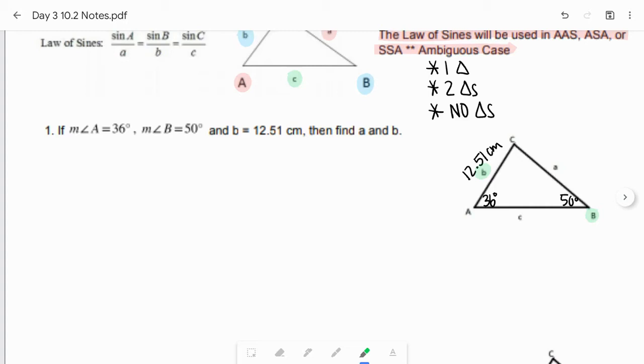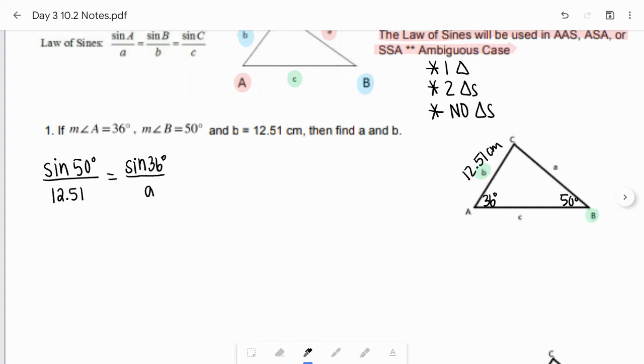Using our law of sines, we're always going to begin with the information that was given to us, so our corresponding angle and side. So we can say sine 50 degrees over the corresponding side, which was 12.51, is equal to sine of 36 degrees over side A, which is what we're looking for.